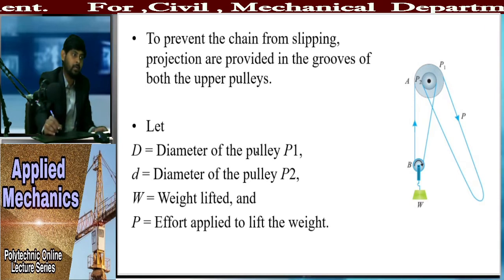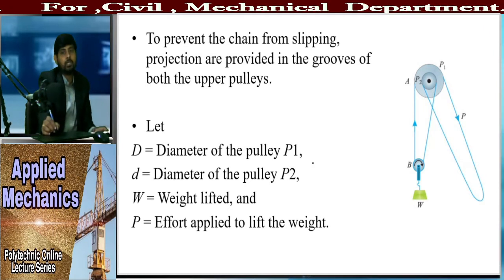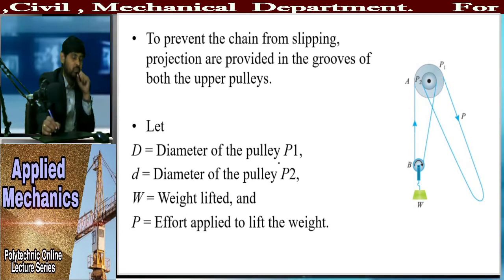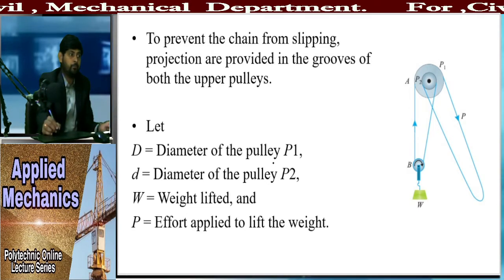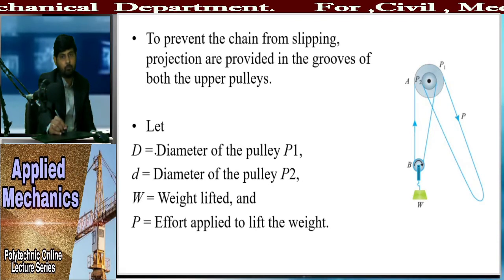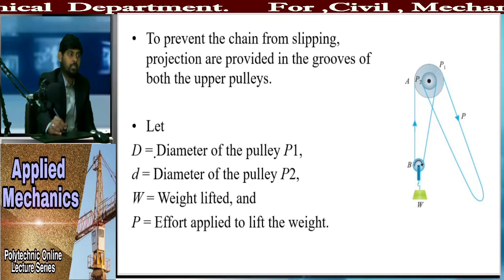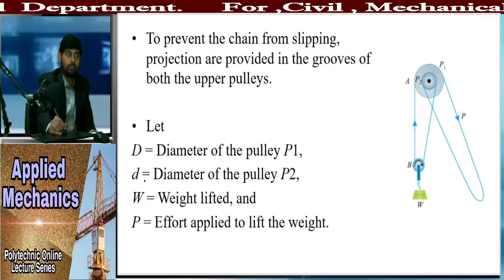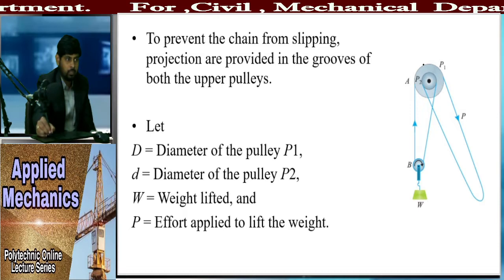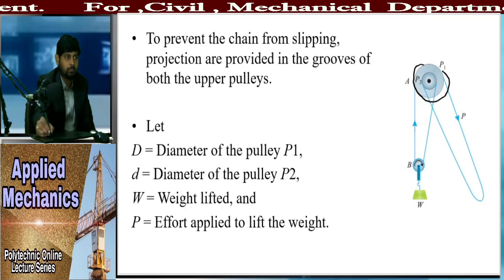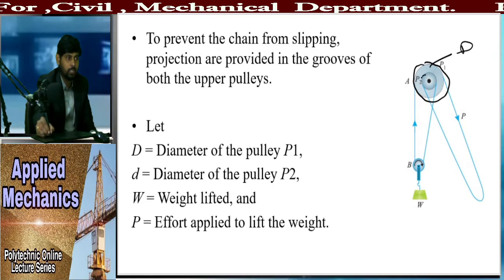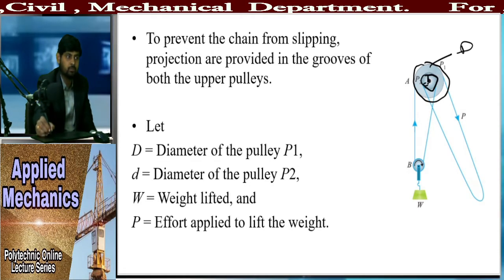So you can see here the terms used in the Weston's pulley. So what terms are used here? First one is the D, capital D, that is nothing but the diameter of the pulley P1. Second one is the smaller d, that is nothing but the diameter of pulley P2. म्हणजे ही जी पुली P1 आहे याची जी डायमीटर आहे that is nothing but आपलं कॅपिटल D असेल. तर पुली P2 जी आहे याची डायमीटर जी असेल ती असेल तुमचं स्मॉल d.